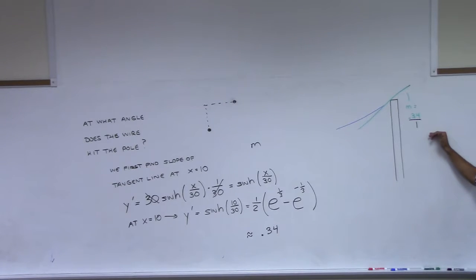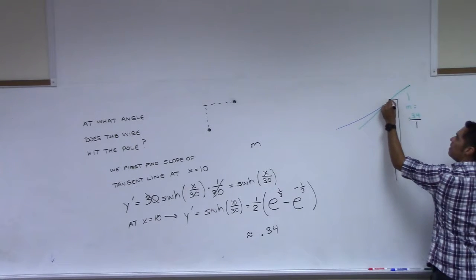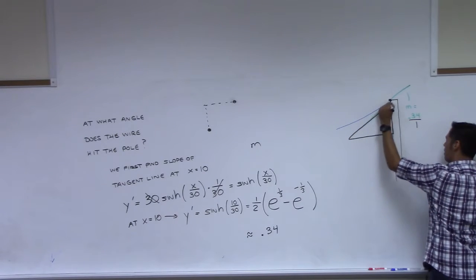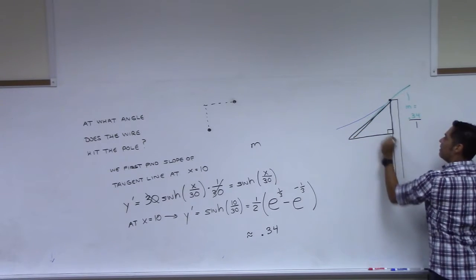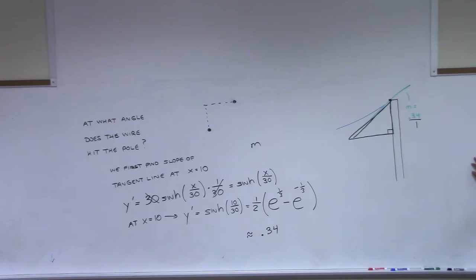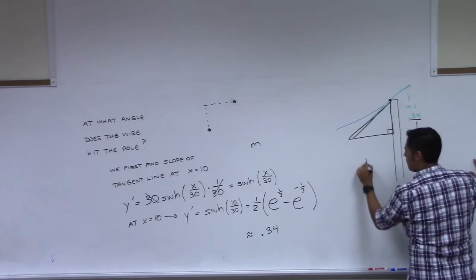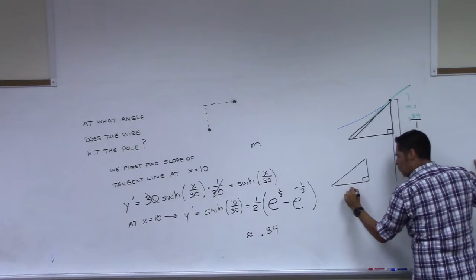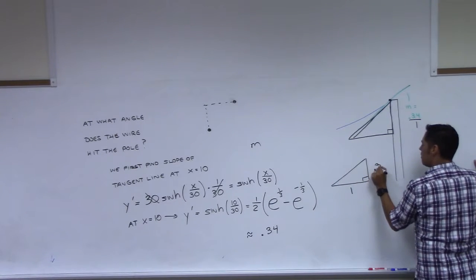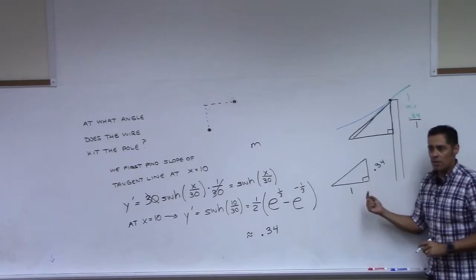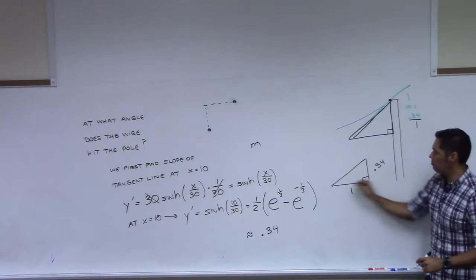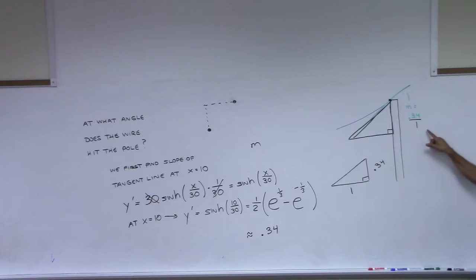So if I look at this point, come down, and draw an arbitrary triangle like that, and I label this 1 and this 0.34, then that triangle would have the same slope. The rise over run would be this.